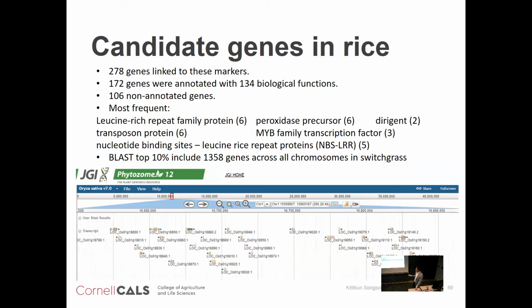Another most frequent hit is the peroxidase precursor. Peroxidase is quite important for resistance to this pathogen because Bipolaris oryzae is a necrotroph, so it uses programmed cell death related to reactive oxygen species in the mechanism of susceptibility. Peroxidase is also important in lignin synthesis, which prevents infection by this disease.